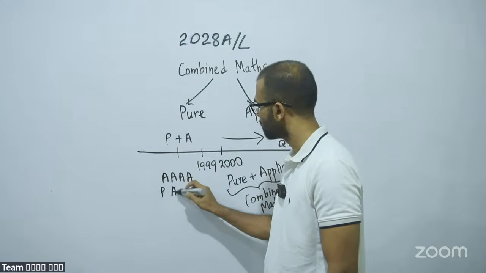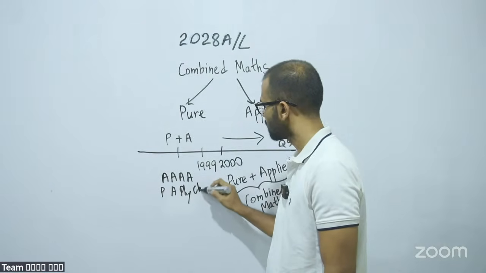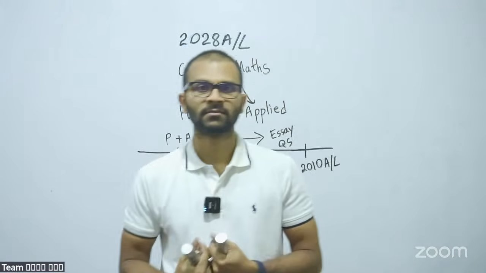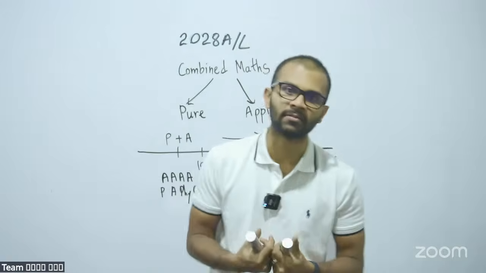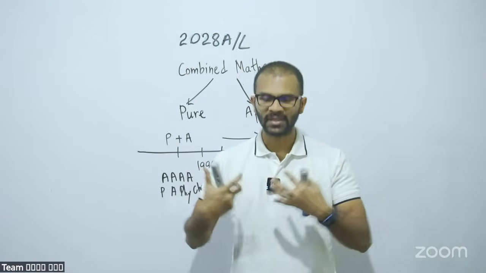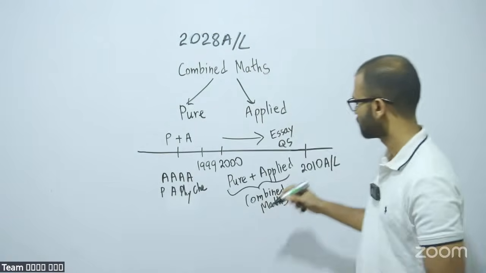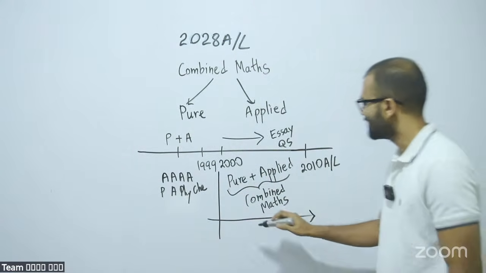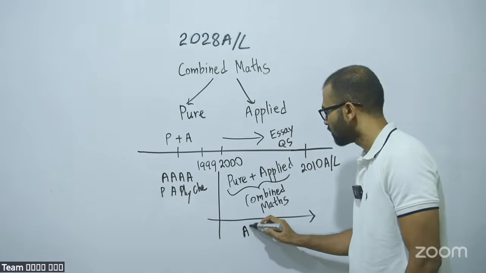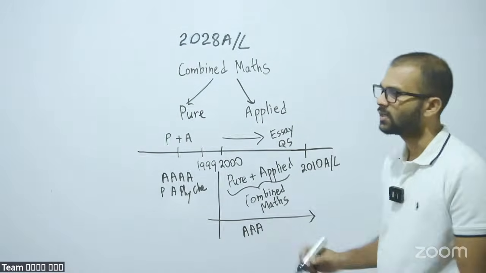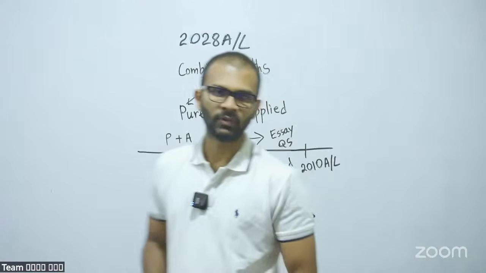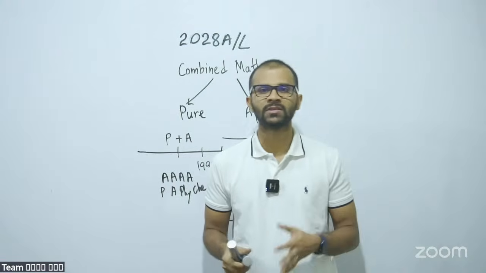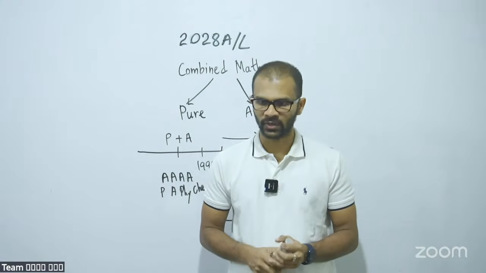Pure, applied, physics, chemistry. Now, after combining pure mathematics and applied mathematics, it became combined mathematics. So now on, after the year 2000, we all got 3 A's, right? 1 for combined mathematics, 1 for physics, 1 for either chemistry or ICT, right?